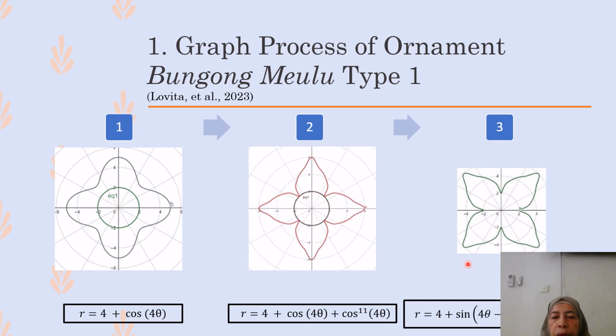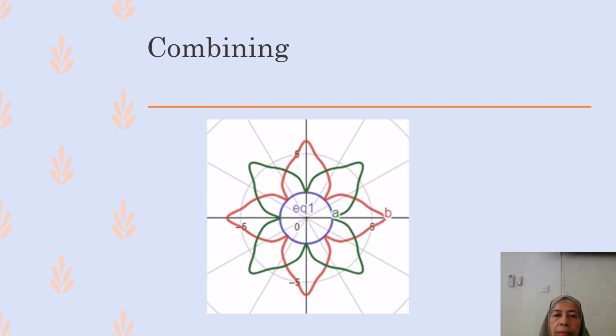And when we use the function sine rather than cosine, the petal will be positioned at the diagonal rather than at the axis. And when we combine all together, we get the picture like this.